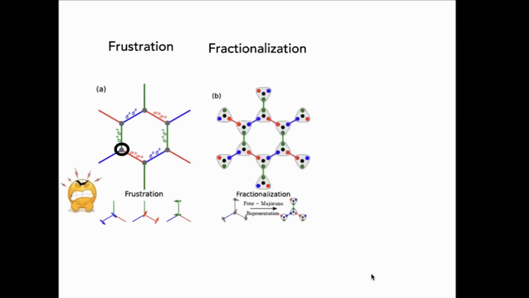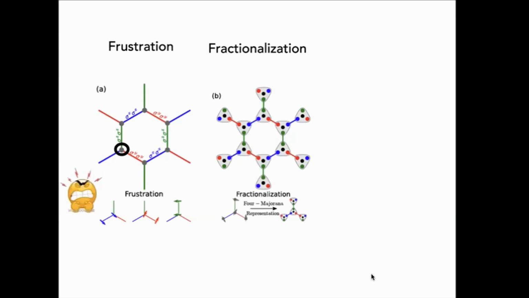And the consequence of that, so in different magnetic models, the origin of frustration could be different. It could be competing Heisenberg interactions, or even in band models, it could be that a kinetic hopping is frustrated. So the origin of frustration can be different, but the pathway is very similar.